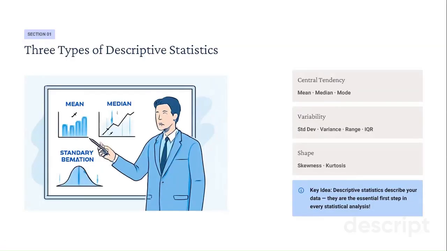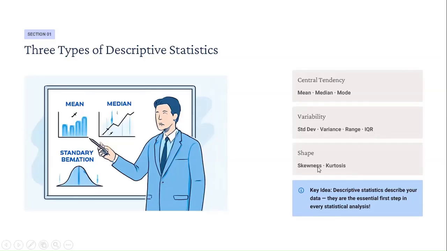Descriptive statistics help us summarize and understand data. There are three main types. Central tendency tells about the center: mean, median, mode. Variability tells about the spread through standard deviation, variance, range, and interquartile range, IQR.